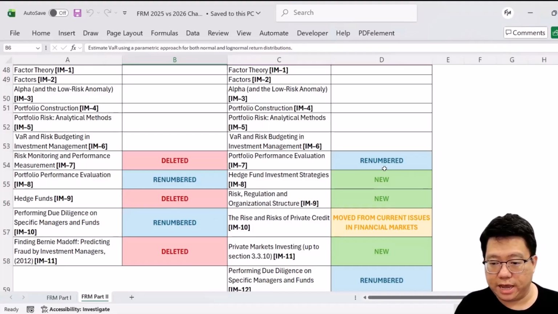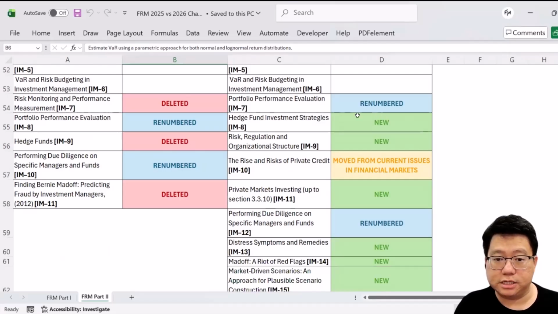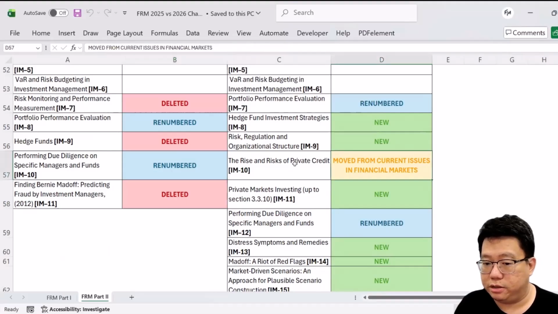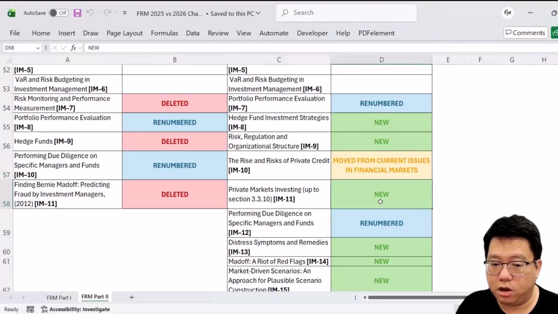But of course, what they added would be a few readings, like hedge fund investment strategies, which is new. There's risk regulation and organizational structure. Then you have the rise and risk of private credit, which was moved from current issues in financial markets. This used to be in the 2025 current issues, but now in 2026, it's been moved to investment management. And we have another new reading on private markets investing.